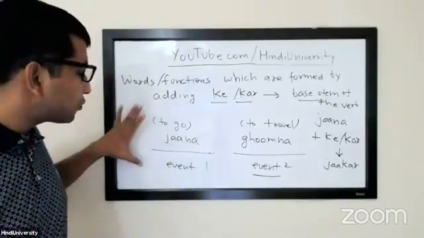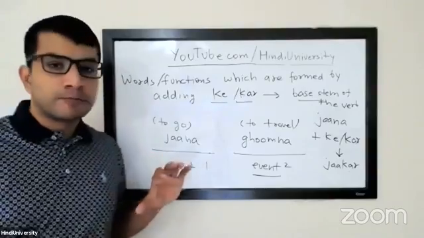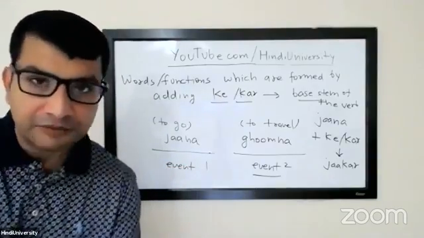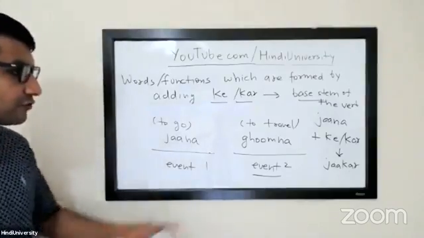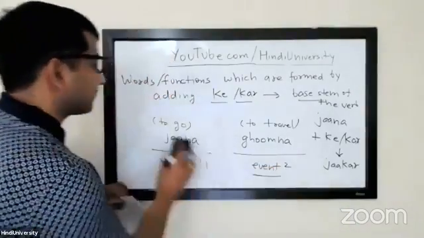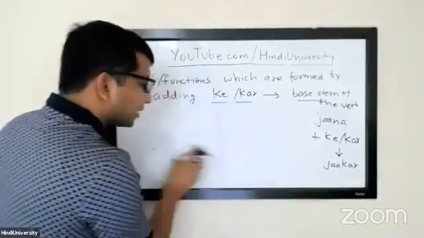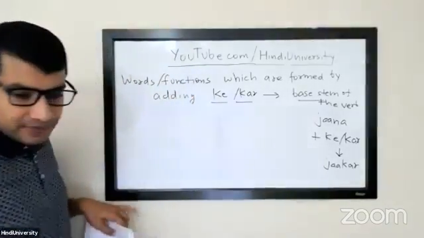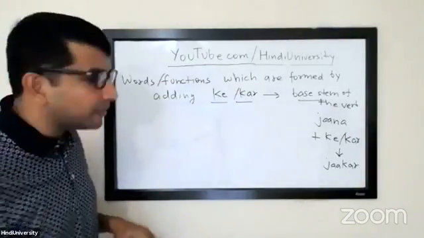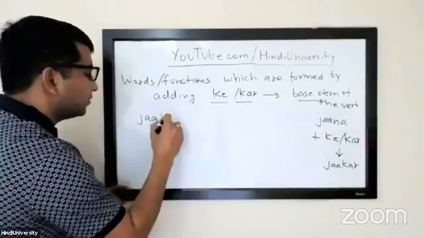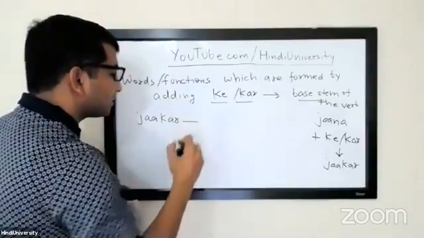I want to just focus on the verb conjugation, and I want to give you confidence that all of us can collectively do it as well. So let's focus on jakar, and on adding k and kar to the base stem of the verb. Let me ask someone, Tommy, what do you think it means, jakar? Jana is to go, but what is jakar?